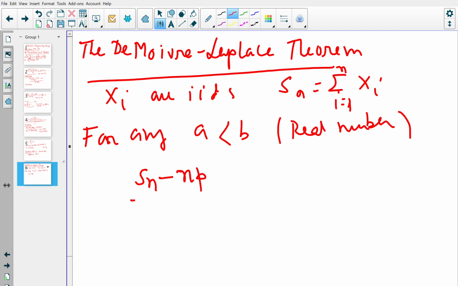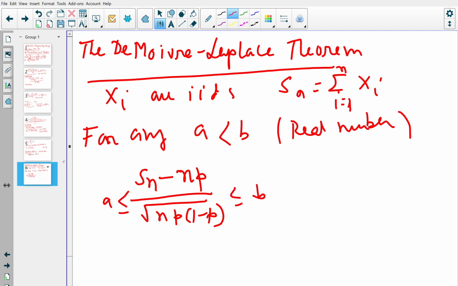So I am just standardizing, making it a random variable with mean 0, and the standard deviation is nothing but root over np(1 minus p), that is the standard deviation of binomial distribution. This quantity is in between say a and b. Okay, so I would like to know what is the probability that this quantity is between a and b, and these probabilities actually follow the standard normal law. So phi of b minus phi of a.